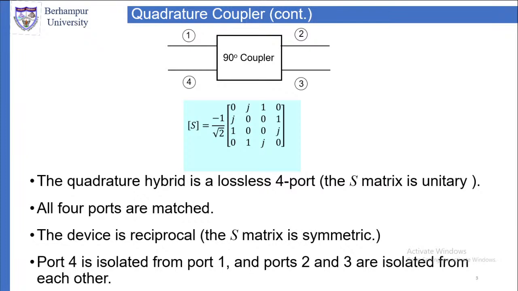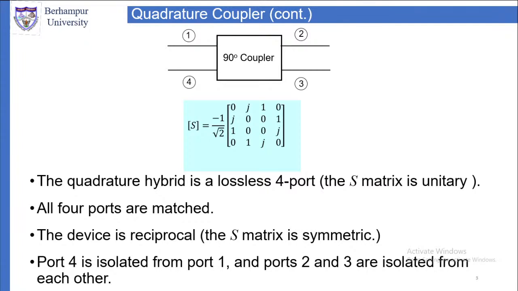If the signal is equally divided, then the power is half, which means the signal is 1 by root 2. So let us take 1 by root 2 common in the matrix. They are 90 degrees out of phase. 90 degrees out of phase is denoted by J, which is the square root of -1. So at port 2 and port 3, we will put J.